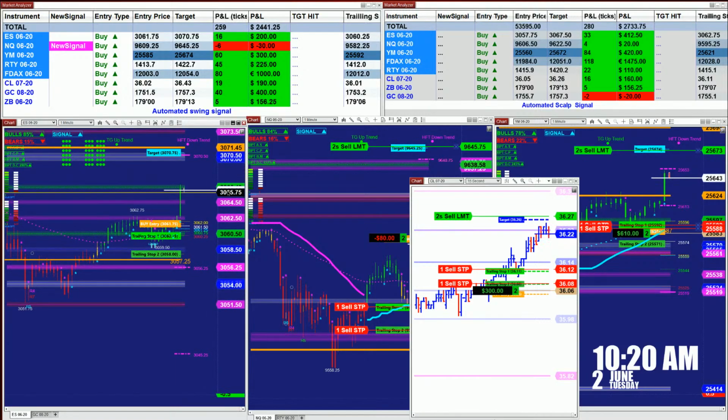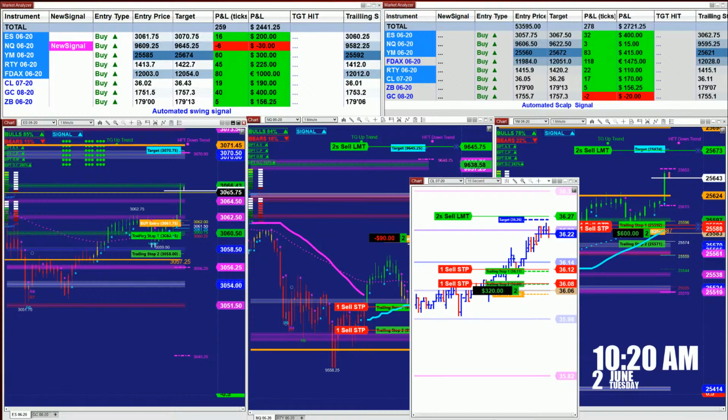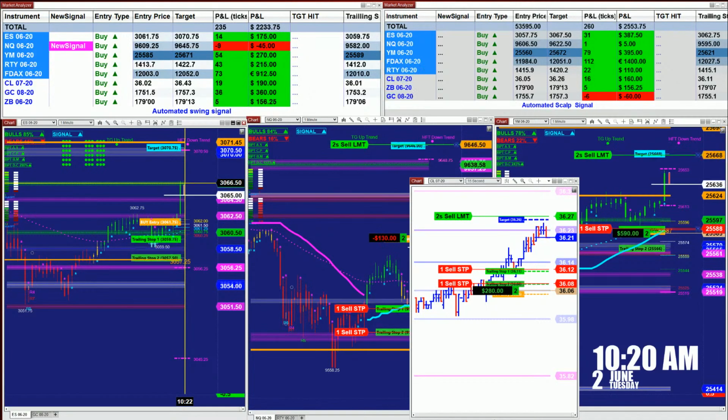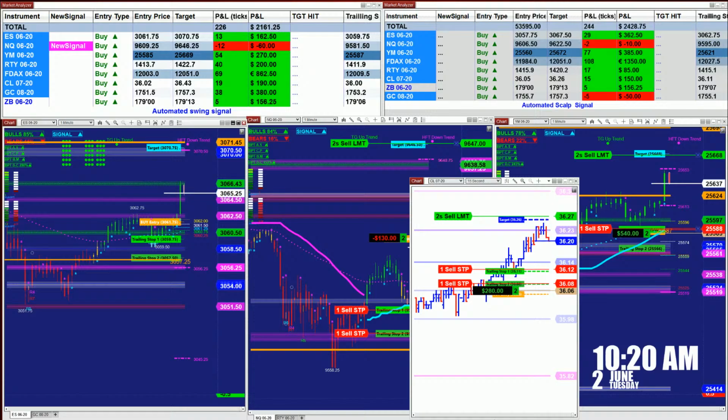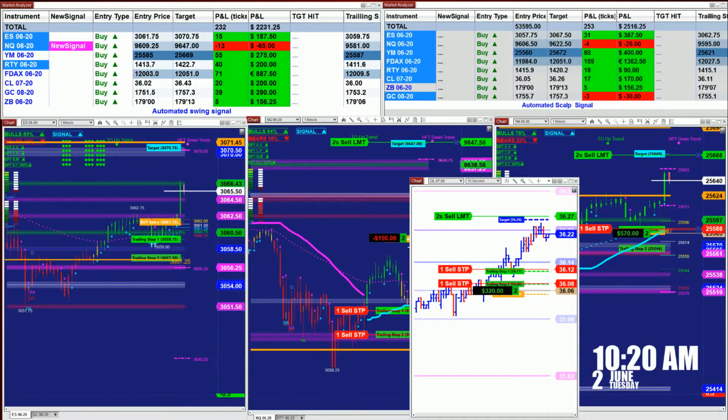But this is a projection, and there is a good potential for the ES not being able at the moment to break 3066.50. So you've got to be careful. We already told you where to enter the market, so the rest is up to you.